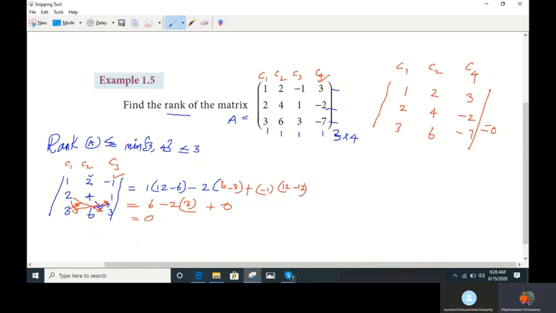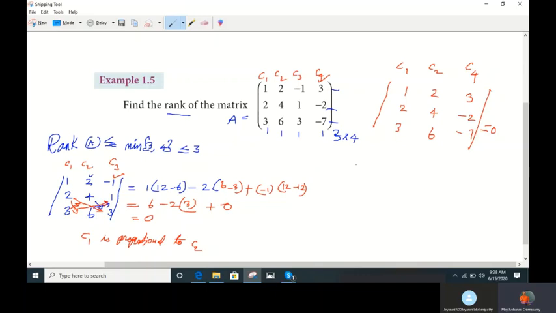Determinant means we are expanding and finding the value, but without expanding, here also C1 is proportional to C2. That's why the answer is 0. Without expanding, we can write, even here the same technique: C1 proportional to C2, therefore the determinant value is 0.